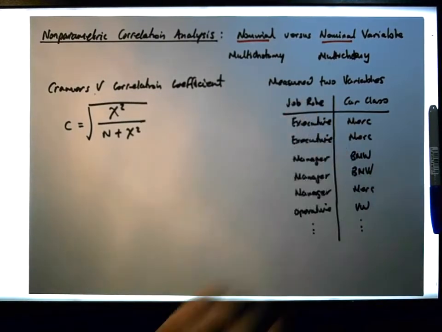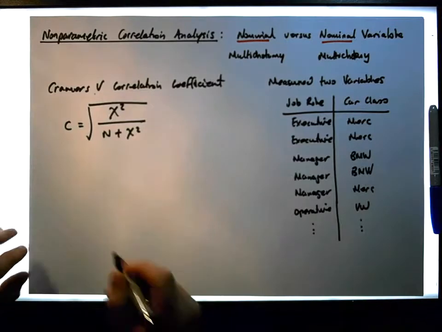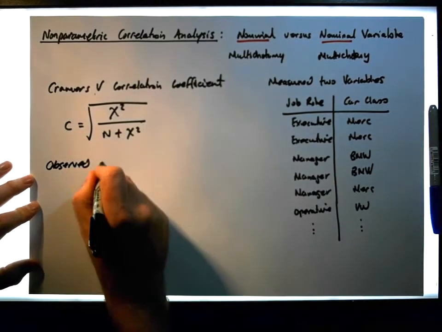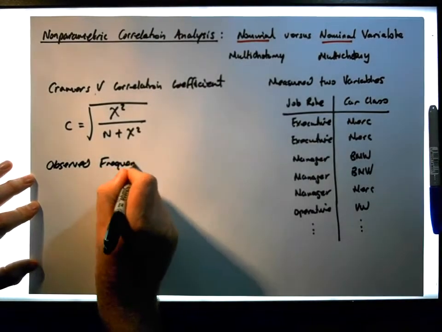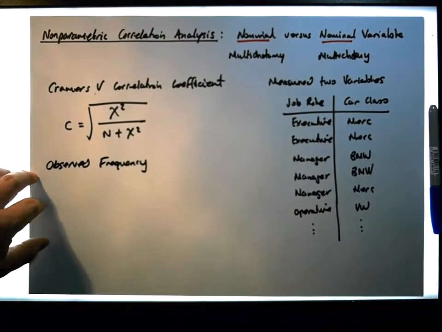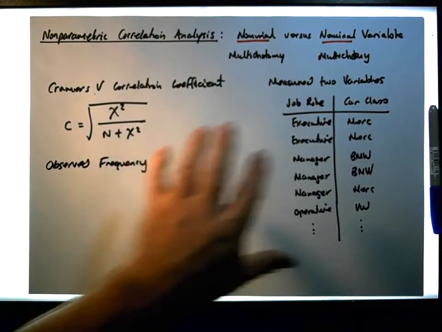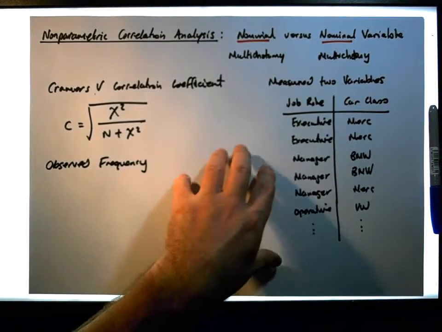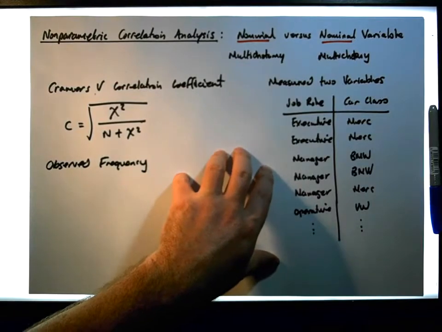So what we really want to do is convert this table into an observed frequency table, because we need to calculate the chi-squared statistic for the observed frequencies and compare them against what we'd expect to happen if the variables were independent of each other.